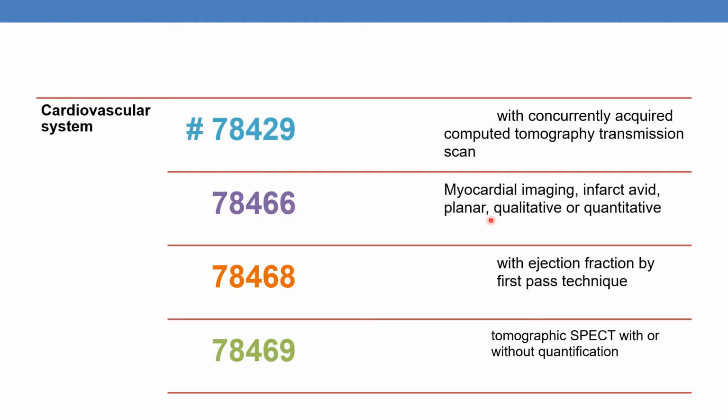The next CPT is 78466. It deals with myocardial imaging, infarct avid, planar, qualitative or quantitative. The next CPT is 78468. It deals with myocardial imaging, infarct avid, with ejection fraction by first pass technique.